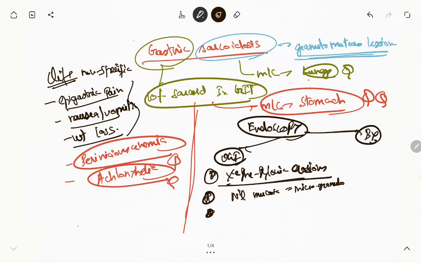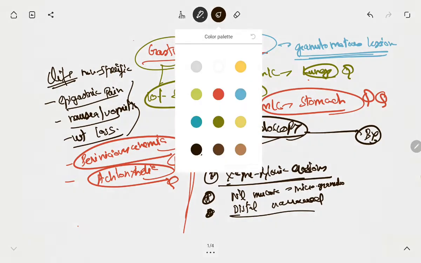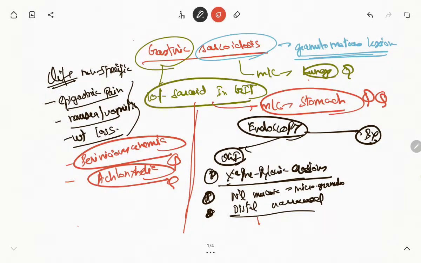The distal part of the stomach gets narrowed, which leads to pyloric outlet obstruction or gastric outlet obstruction. So sarcoidosis is one of the rarest causes of gastric outlet obstruction.